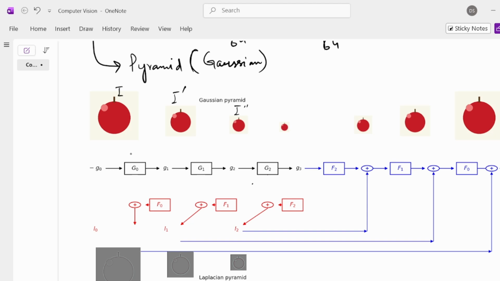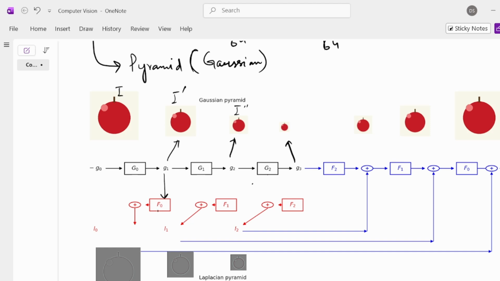So we want details and we want low resolution. So look here, when this I or G0 is passed through G0, we generated this G1. Similarly G2, similarly G3. To extract the details, we are going to upsample this G1.